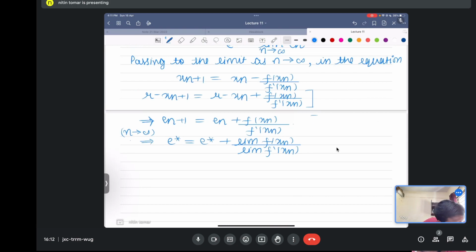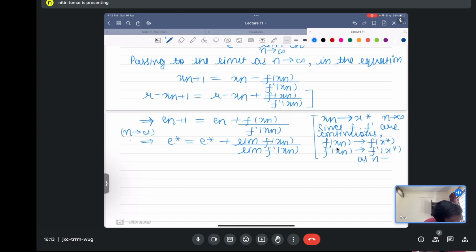We have already proved that xn is a convergent sequence, and we have assumed its limit to be x star, and since f and f prime are continuous, because f is assumed to be a C2R function, we must have that f of xn converges to f of x star and f prime xn converges to f prime x star as n goes to infinity. So this gives us that f x star is 0.